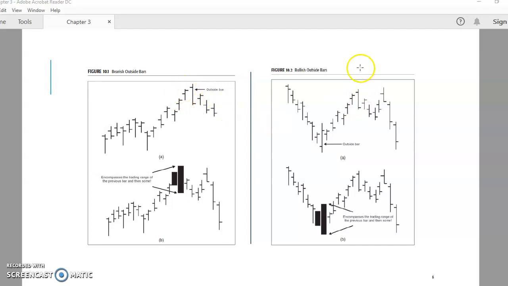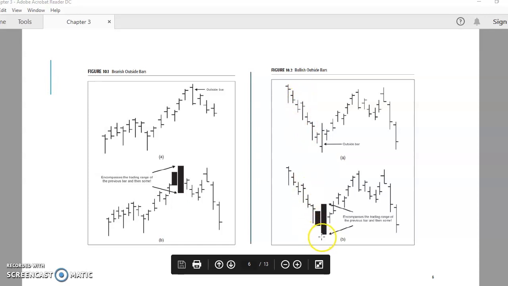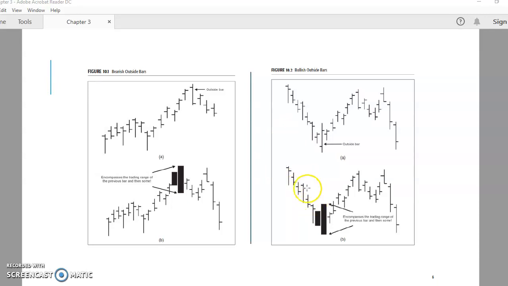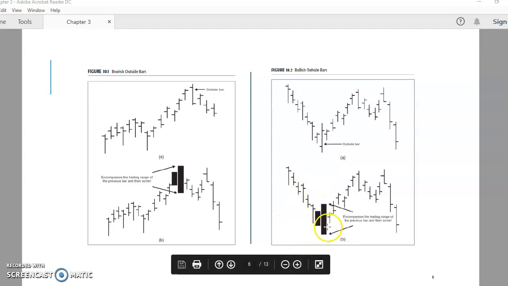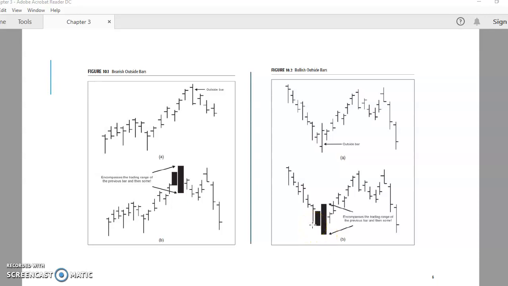Okay, so the second one, we will have a bullish outside bar. A bullish outside bar will appear at the trough, or at the lowest point of the pattern or chart. You can see the preceding trend is a downtrend, and then the price tests the support line, and if the price does not break the support line, it will bounce back.